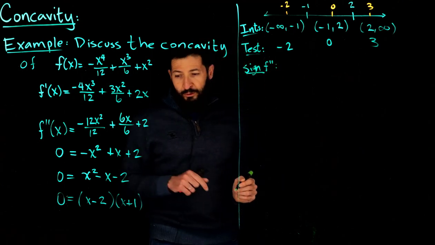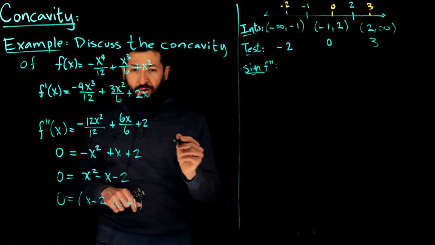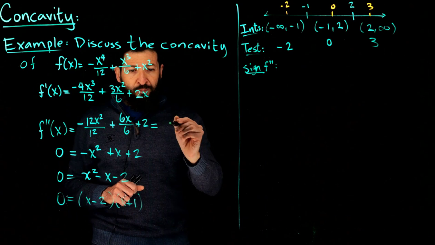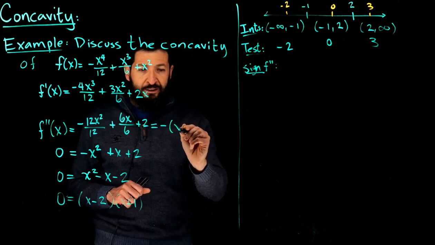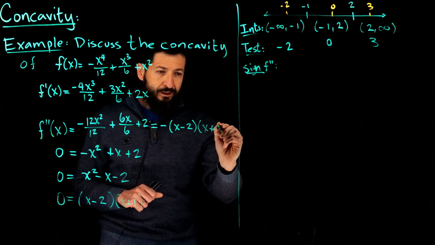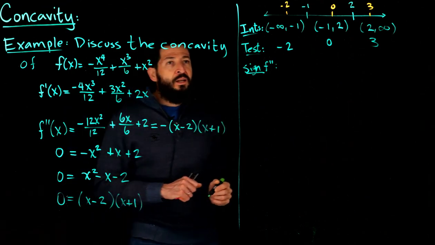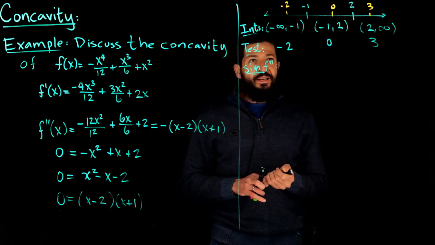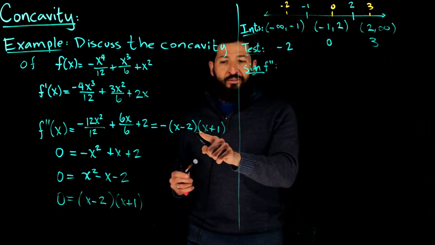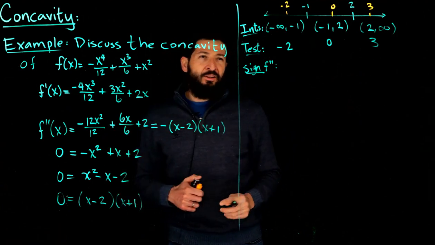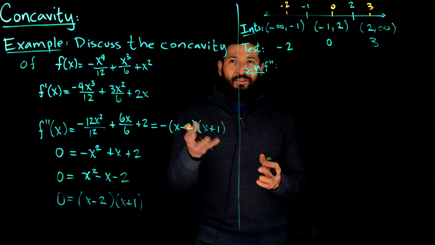So as before, once you have your derivative factored, or second derivative in this case, it probably would be more convenient to write it in factor form. Like so. Why? Because for you to evaluate the signs, this is way more convenient than this expression here, even. Because then you have to do squares, and this is a lot faster.